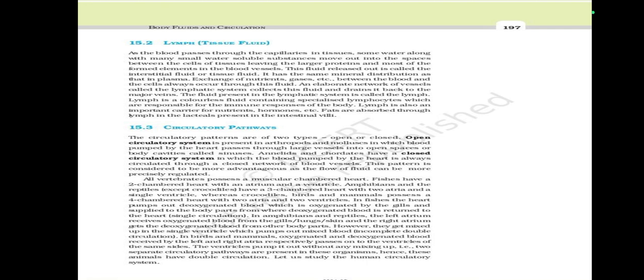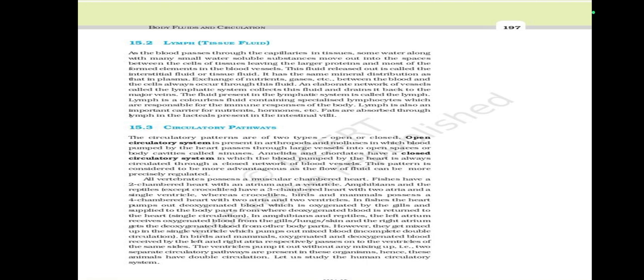Circulatory pathways. The circulatory patterns are of two types, open and closed. Open circulatory system is present in arthropods and molluscs, in which blood pumped by the heart passes through large vessels into open spaces or body cavities called sinuses.